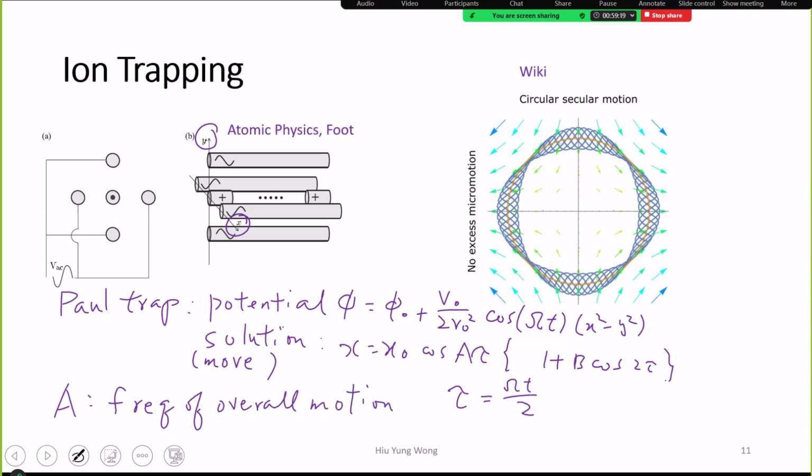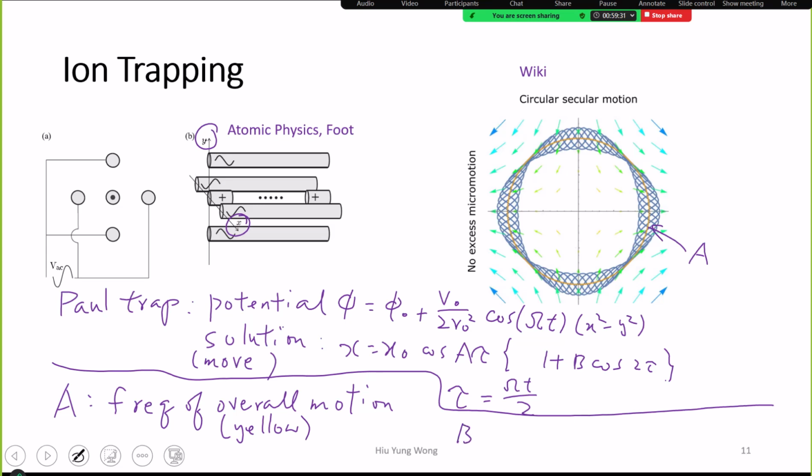Probably this is the yellow one, related to A. And then B is the fast oscillation. Some people call it micro motion.